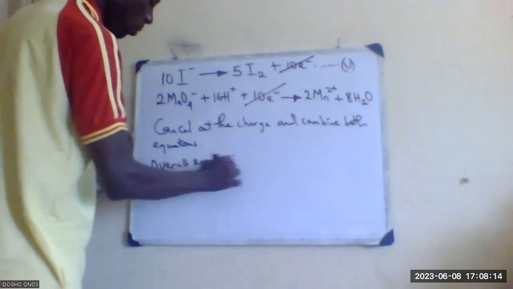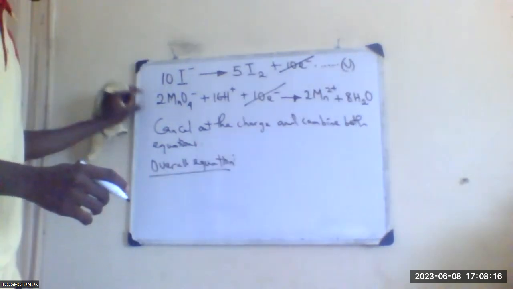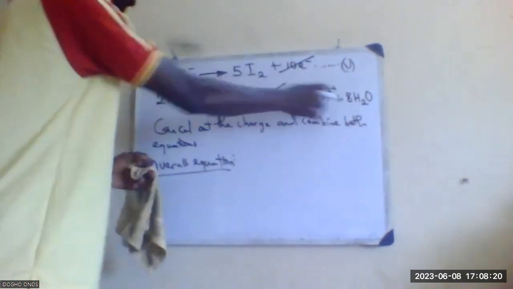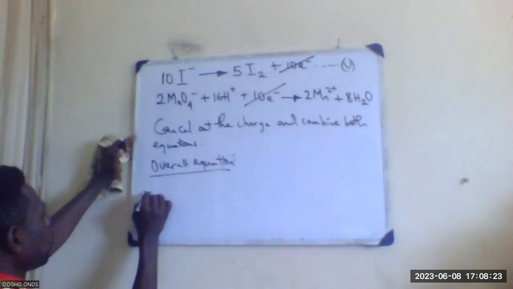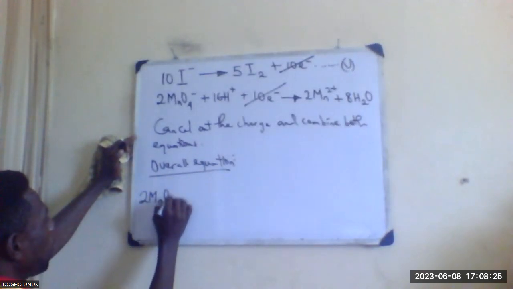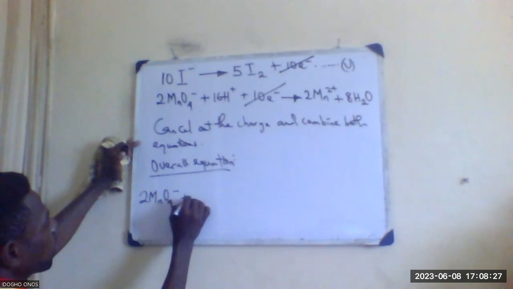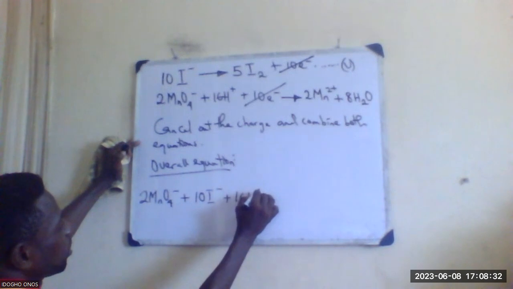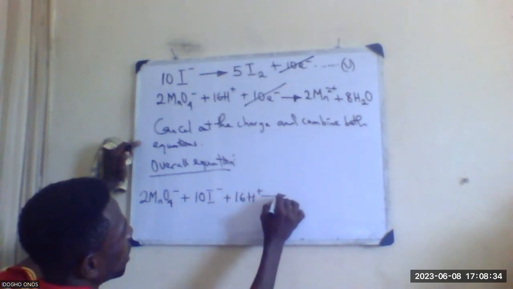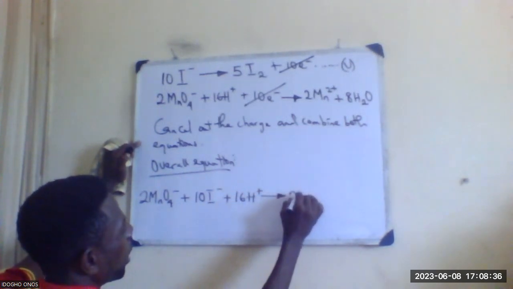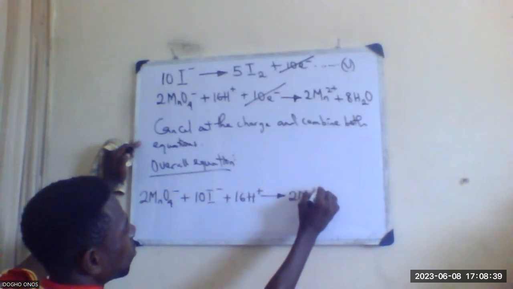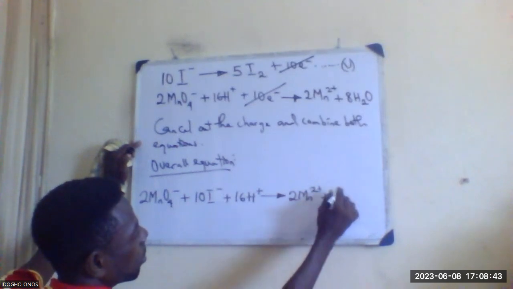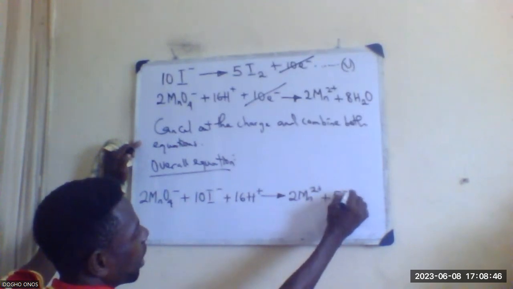In the overall equation, the reactants of this and of this will be on the reactant side. The products here and here will be on one side. So I will now have 2MnO4- plus 10I- plus 16H+ giving me 2Mn2+ plus 5I2 plus 8H2O.